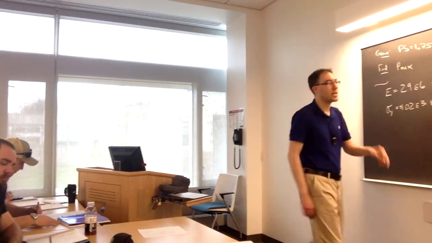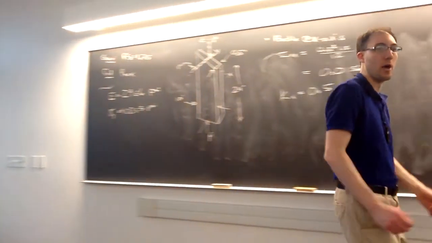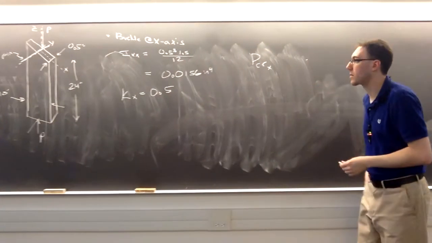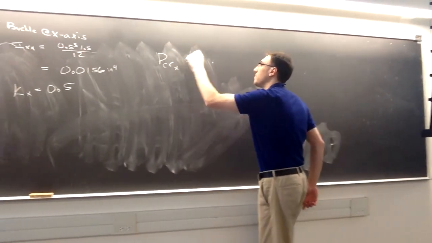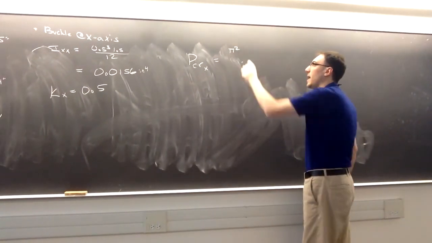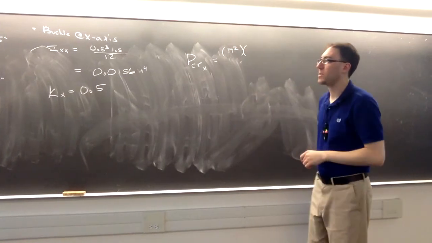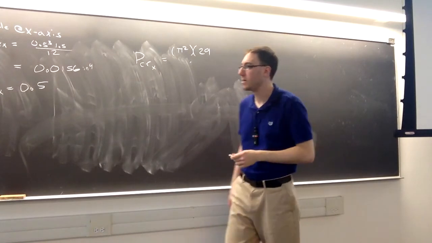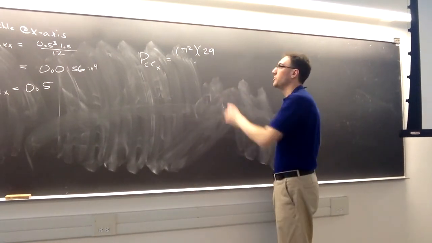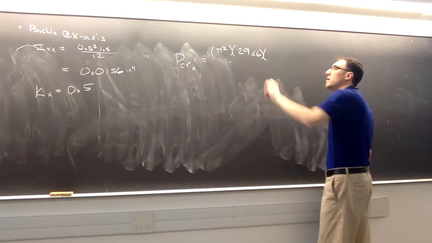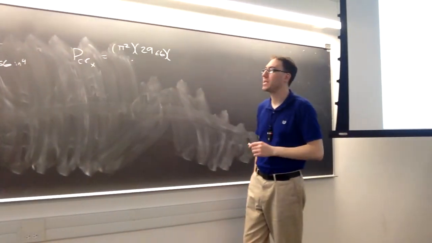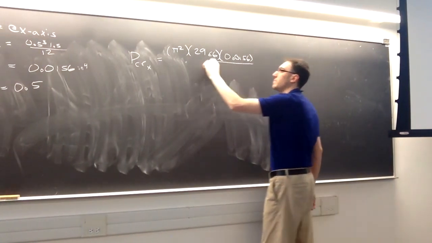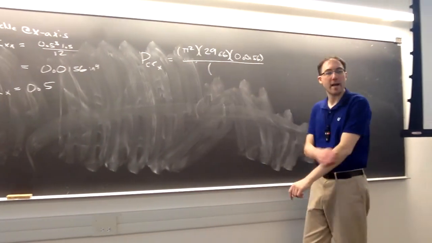So now we can use our formula for our critical load. So P critical, I'll call this around the x-axis, is pi squared times the Young's modulus for our material, 29 MSI, megapounds per square inch, times the area moment of inertia around the x-axis, divided by the effective length squared.